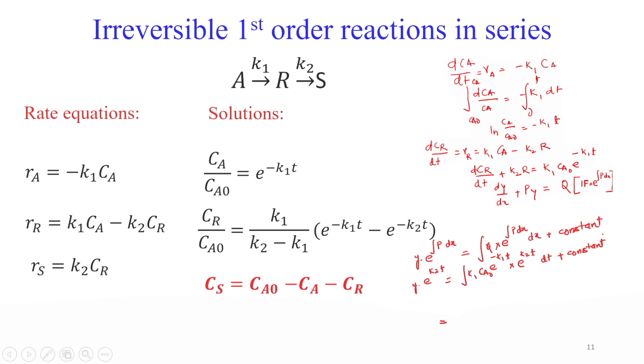If you solve this, it will come like K1 divided by K2 minus K1 into e to the power K2 minus K1 times t plus constant. Now, if t is equal to 0, this y, or you can say CR, will be 0. So, at t equal to 0, CR will be 0. If we put it like this, the value of the constant will come.